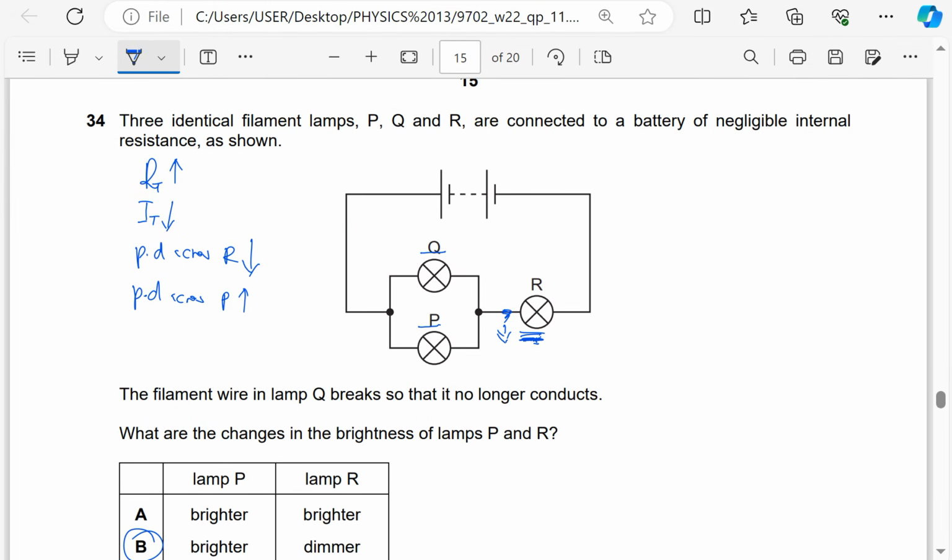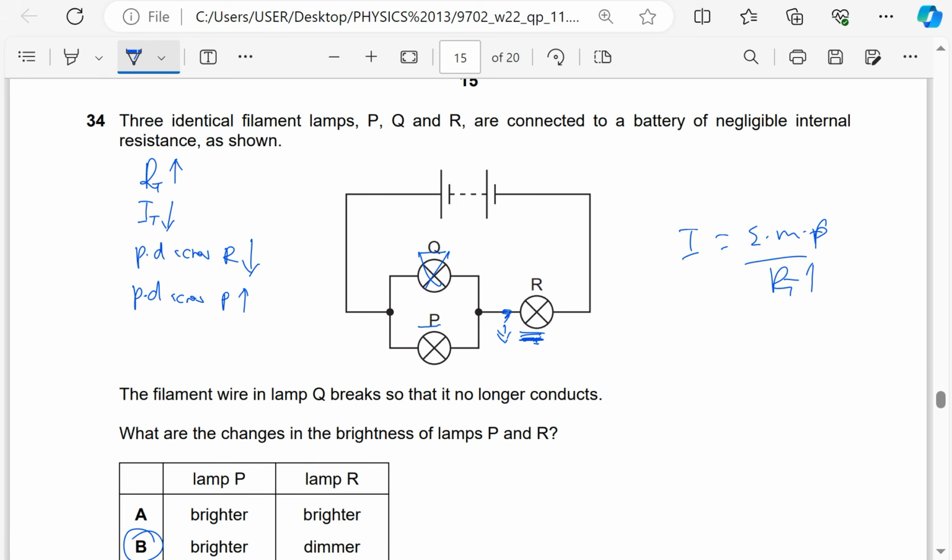I have just explained this. Having resistors in parallel means we reduce total resistance, so there is more current. But when Q breaks and it goes out of the circuit, total resistance becomes higher, which means total current in the circuit decreases because the EMF has not changed, and yet the current is equal to EMF divided by total resistance.